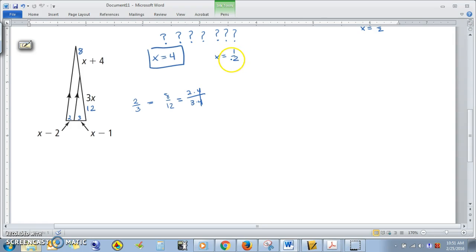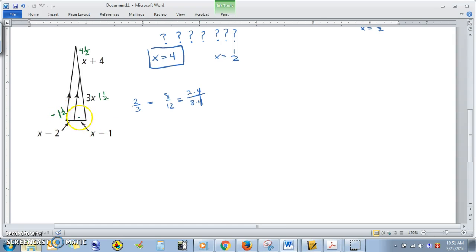What about x equals 1/2? If I plug in 1/2, I'm going to get 1/2 plus 4, which is 4.5. 3 times 1/2 is 1.5. And then, let's see, x minus 2. 1/2 minus 2 is negative 1.5.